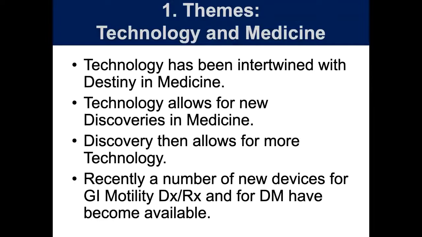So my first theme is about technology in medicine, which, despite my beginnings sitting on a vacuum cleaner as a 3-year-old, I've been interested in. It's certainly been intertwined with the destiny of medicine: technology allows for new discoveries, and then the new discoveries allow for new technology. We now have a lot of devices in GI motility, and of course in diabetes.